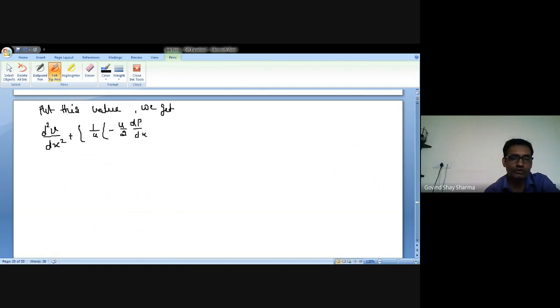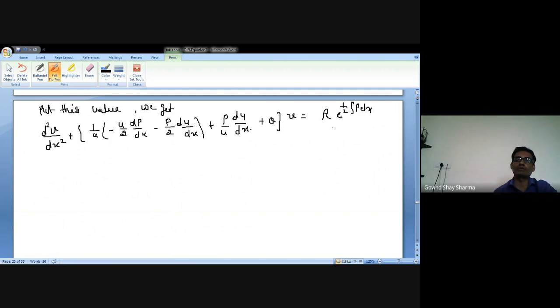This is the value of] d2u upon dx2 minus p by 2 du upon dx plus p upon u du upon dx plus q is equal to r e to power of p d. Because here r upon u, you put the value of u and take it upside with r.